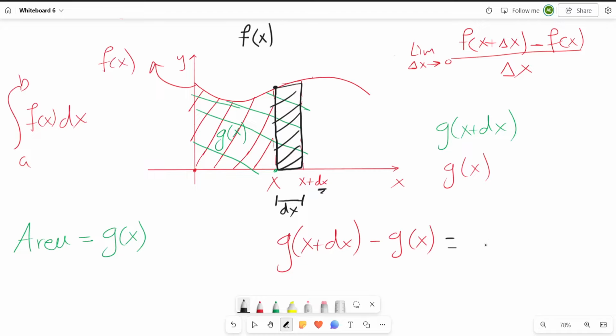So the length is f of x and the width is dx, and multiplying those two together will give me the same area, right? So this is equal to that.